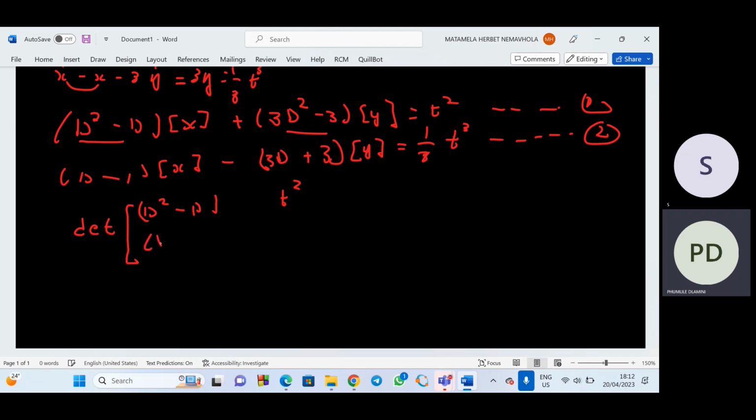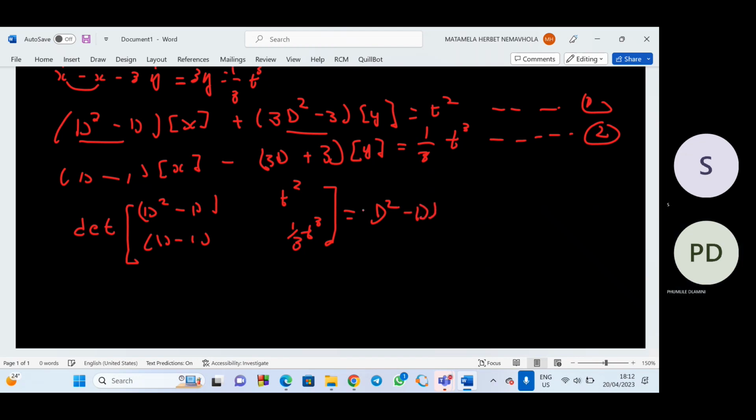Then I will also use d minus 1, then 1 over 3 t cubed. So when I get this one here, I will multiply this times this, which is going to be d squared minus d, times 1 over 3 t squared, sorry, it's cubed.